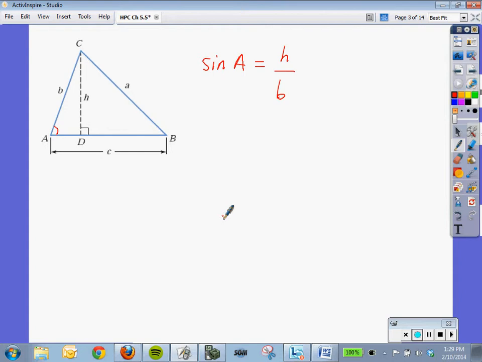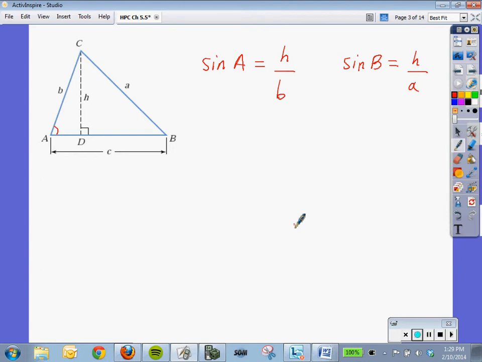We all good on that? We're going to look at this triangle here, and we're going to write the sine of B is equal to the opposite over the hypotenuse, giving us h over a. So far so good with that?